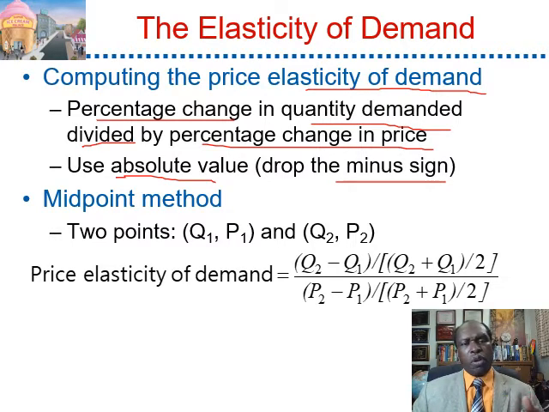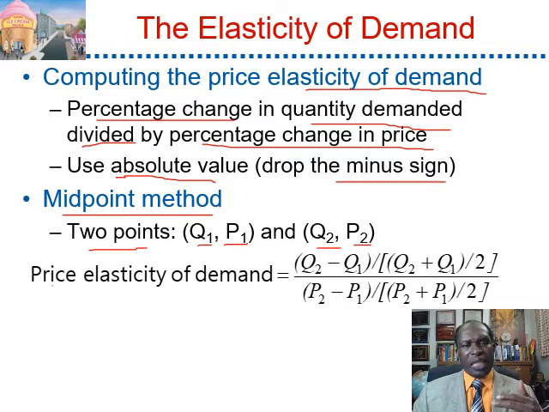Another method to compute the value of price elasticity is the midpoint formula. The use of the midpoint formula avoids having different values of the elasticity. So you take 2 points with coordinates P1, Q1 and P2, Q2.